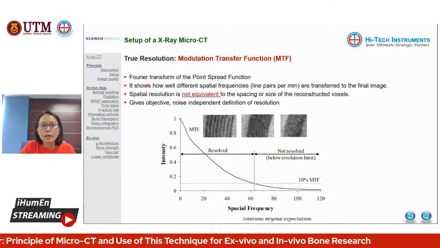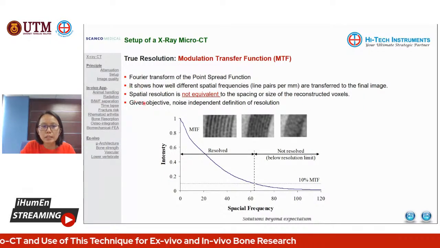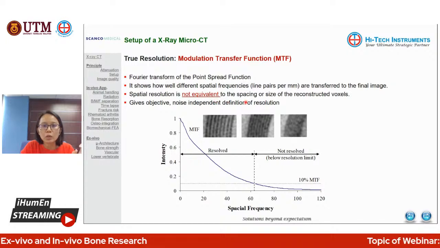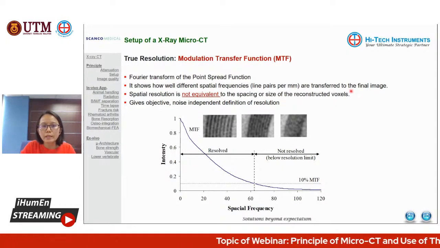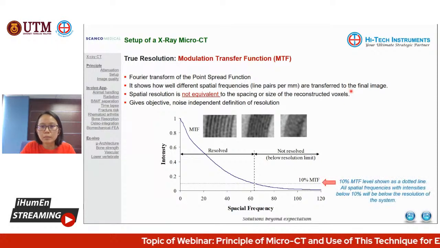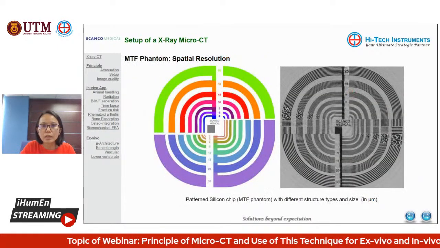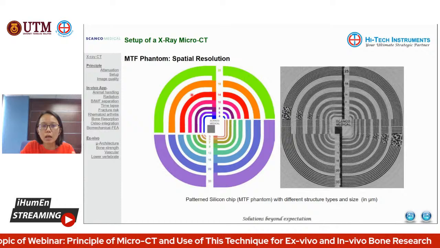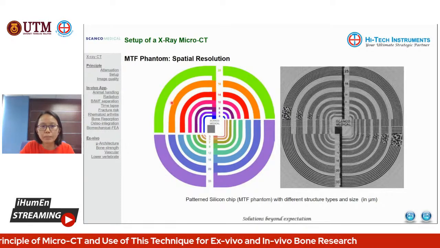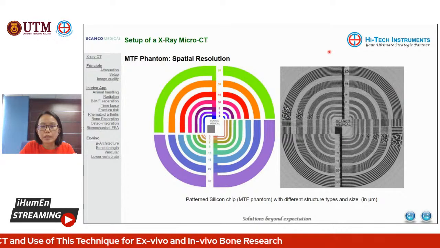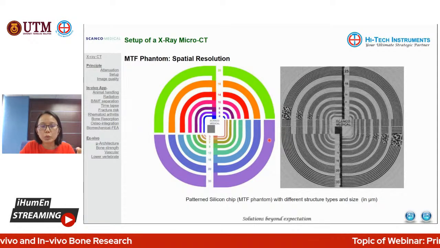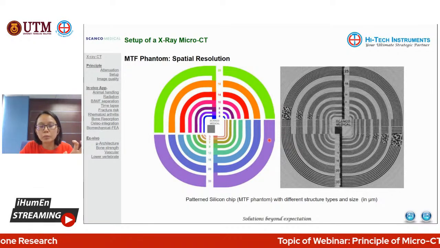And to highlight, the spatial resolution, MTF, is not equivalent to the spacing or the size of the reconstructed voxels. The reason why, I would like to show you with this image. This is a real silicon chip that has been used as an MTF phantom to measure the final spatial resolution.